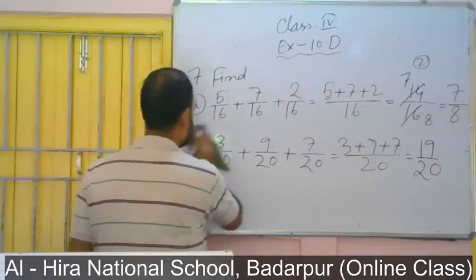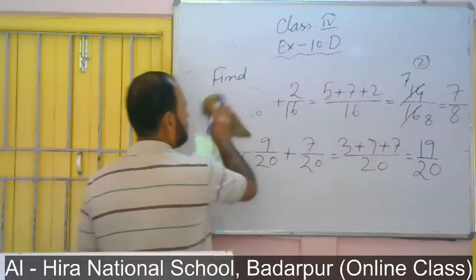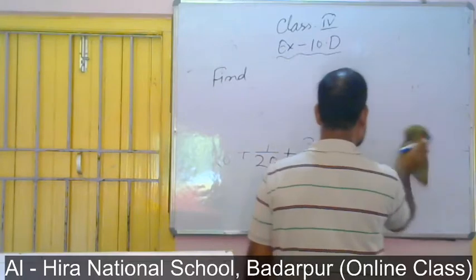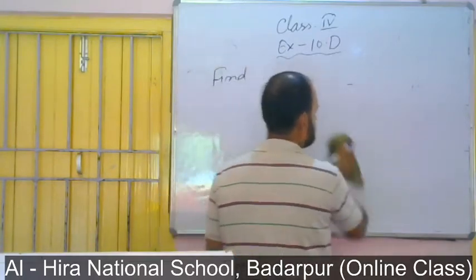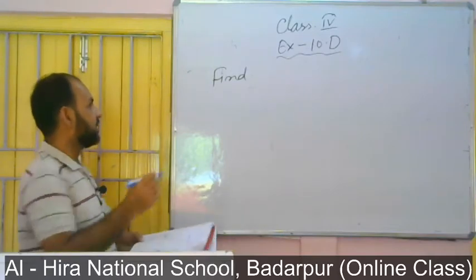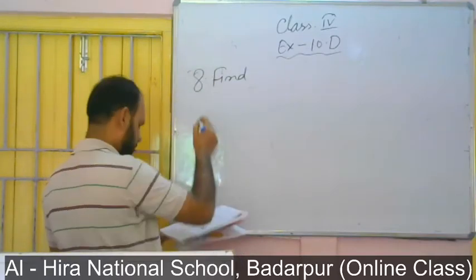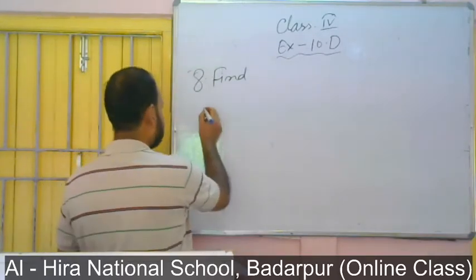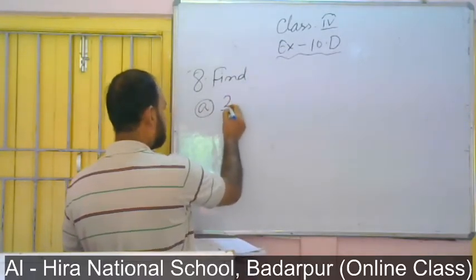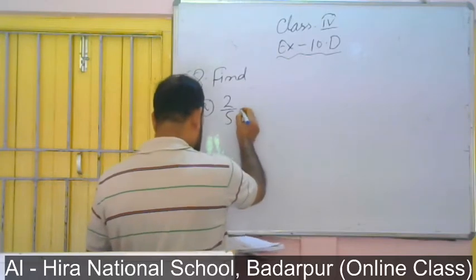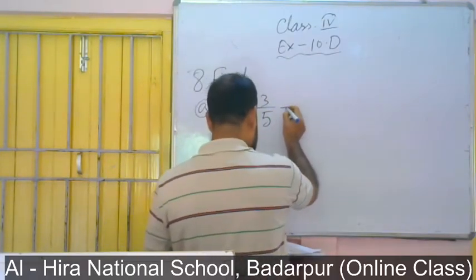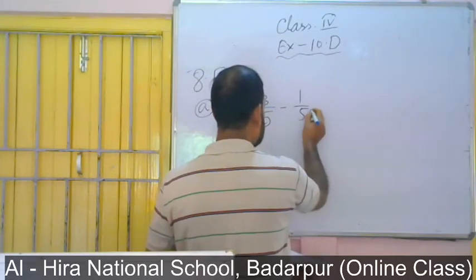Next, question number 8. Again, find. Question A: 2 by 5 plus 3 by 5 minus 1 by 5.